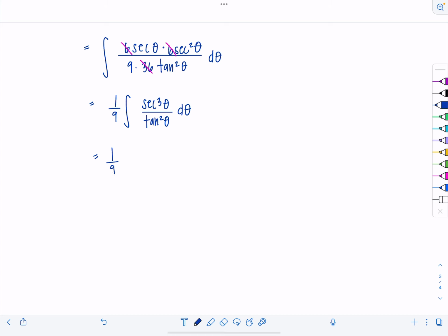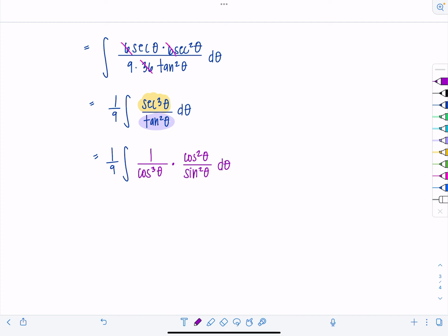I've got 1/9 integral. Now check this out. Secant cubed, that's going to be 1 over cosine cubed theta, right? So we've got 1 over cosine cubed theta. And then we have a tangent squared, but it's in the denominator. So tangent is normally sine theta over cosine theta. It's going to be the other way around, and it's going to be squared. So we're going to have cosine squared theta over sine squared theta d theta.